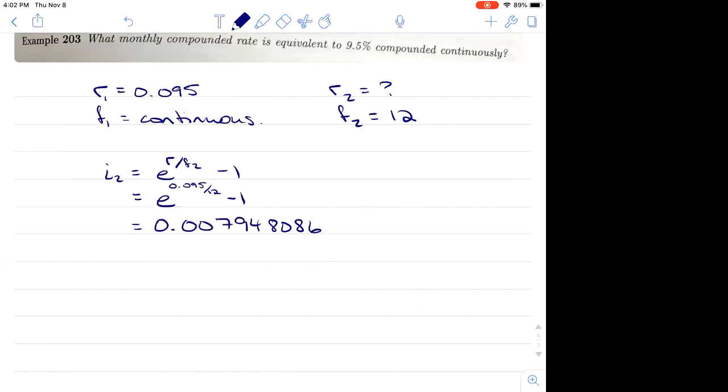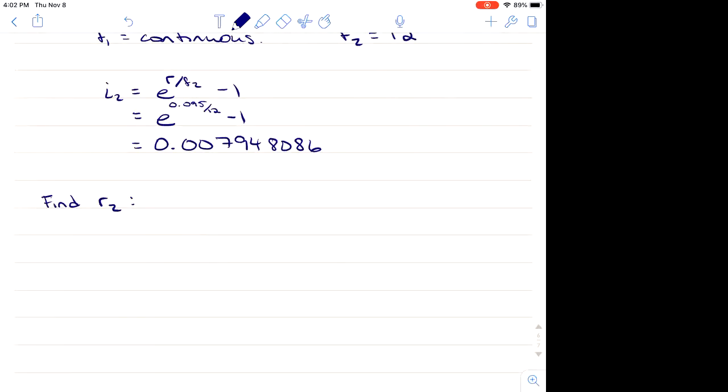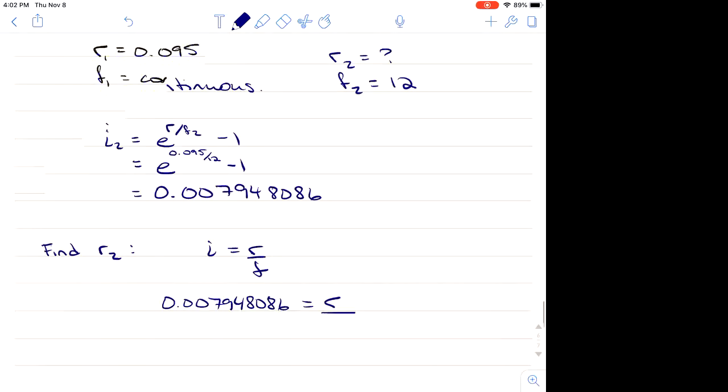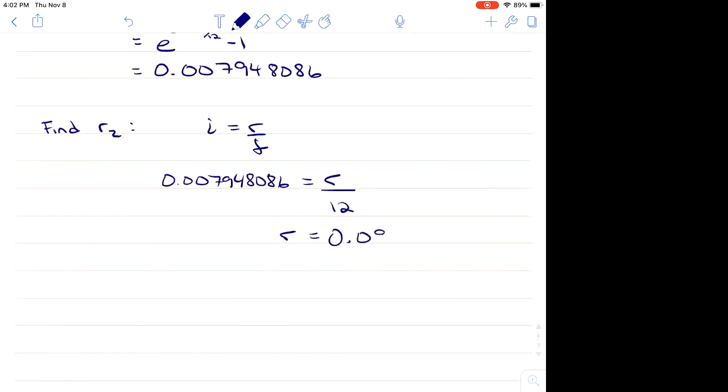So we have to find R2. We know that I is R over F. So we have 0.007948086 is R over F, which is 12. So R is 0.095377036.